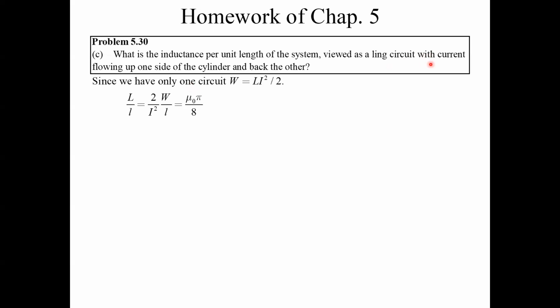Since we have only the circuit, the energy equals this one, and we divide by L, and we use the value from part C, and we will get the answer here. So for chapter 5, we are finished.